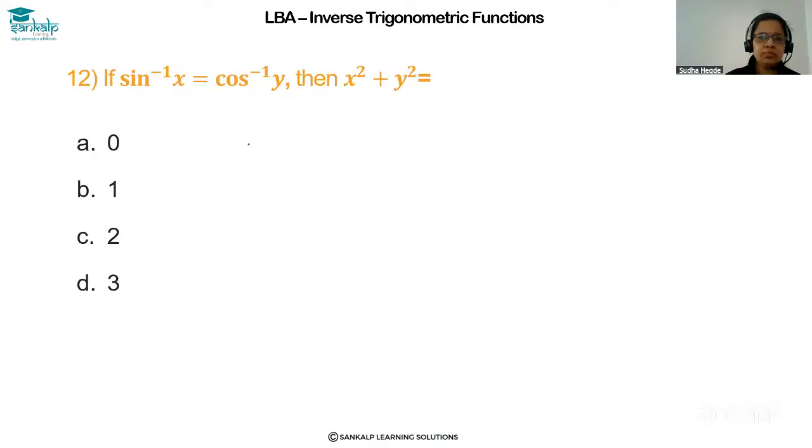Hi everyone. The question is, if sine inverse x is equal to cos inverse y, then you need to find x square plus y square. So let us assign sine inverse x as theta.